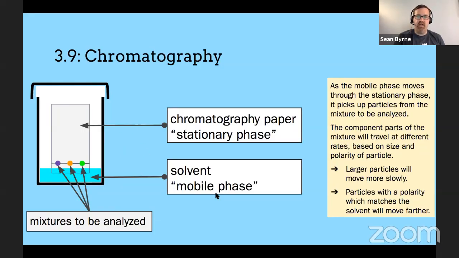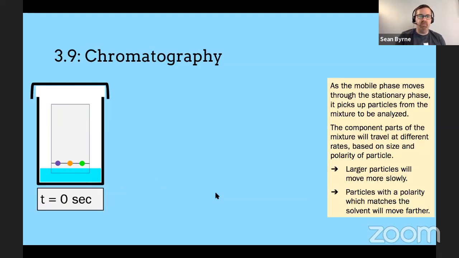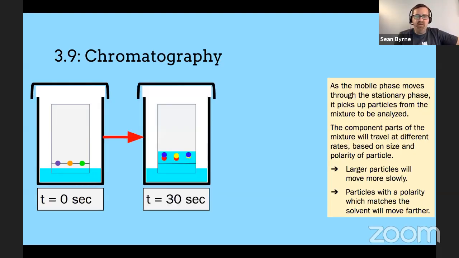Okay, so here's the setup. Let's look at how this would look over time. So we would start, this is the beginning of our experiment. And after, I just made up some arbitrary times, but let's say 30 seconds, what we're going to notice is that our solvent started to move through the paper. And as it passed this line where we initially had our mixtures, it started to separate out the 2 components of the purple, the 2 components of our orange, and the 2 components of our green.